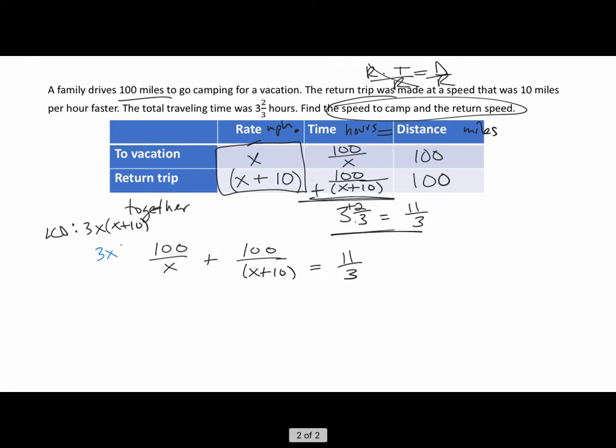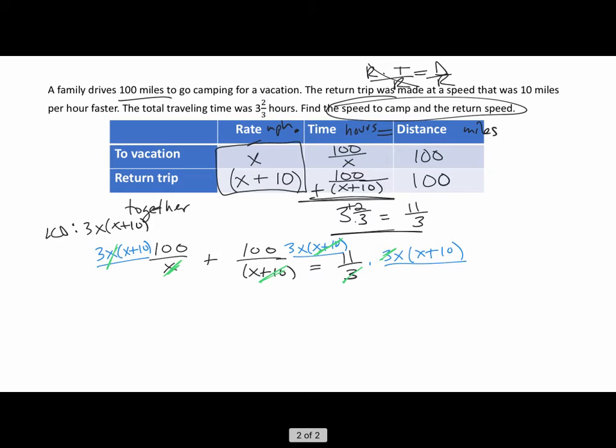So 3x times x plus 10 multiplied to the first term. 3x times x plus 10 to the second term. And on the other side, 3x times x plus 10 here. That's going to cancel out the denominators. X plus 10, and 3.